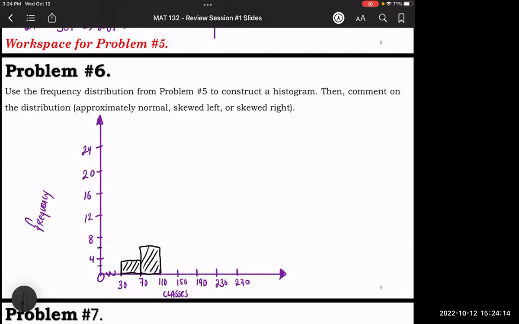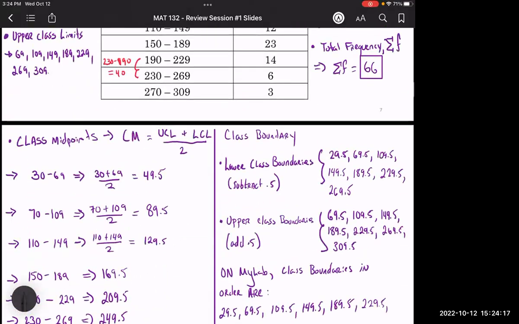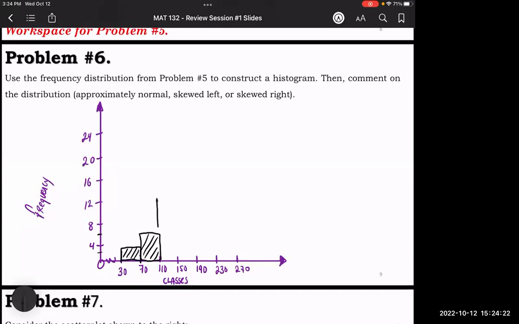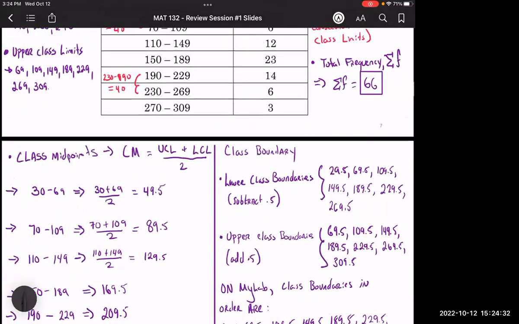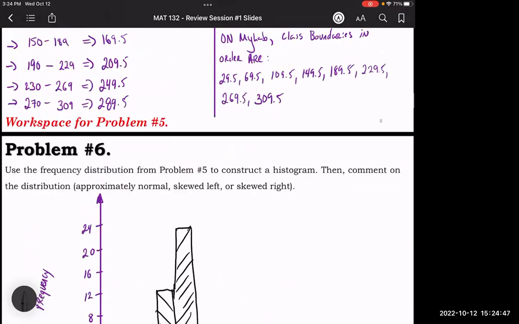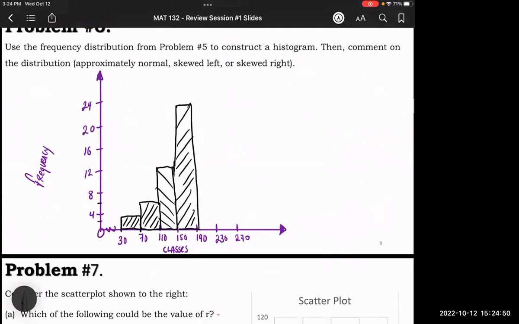Okay, let's look at the next class. The next class has a frequency of 12. Just remember that when you're drawing these bars, there are no gaps. Okay, the next class has a frequency of 23. So I'm going to go up here somewhere. Technically, my drawing is going to get a little bad here. 6 is the next one.